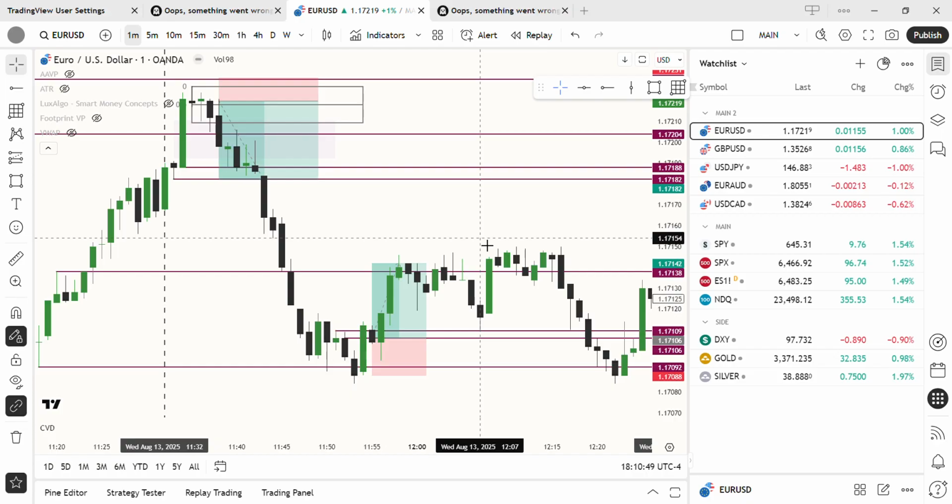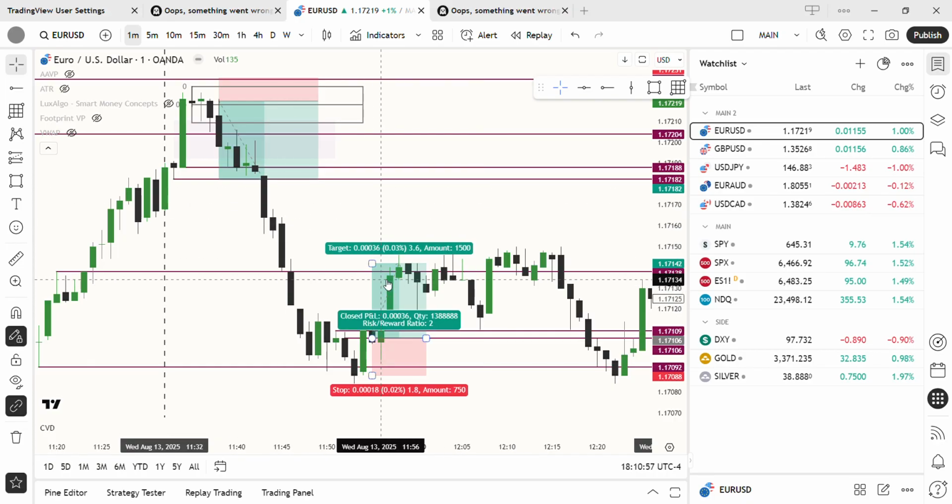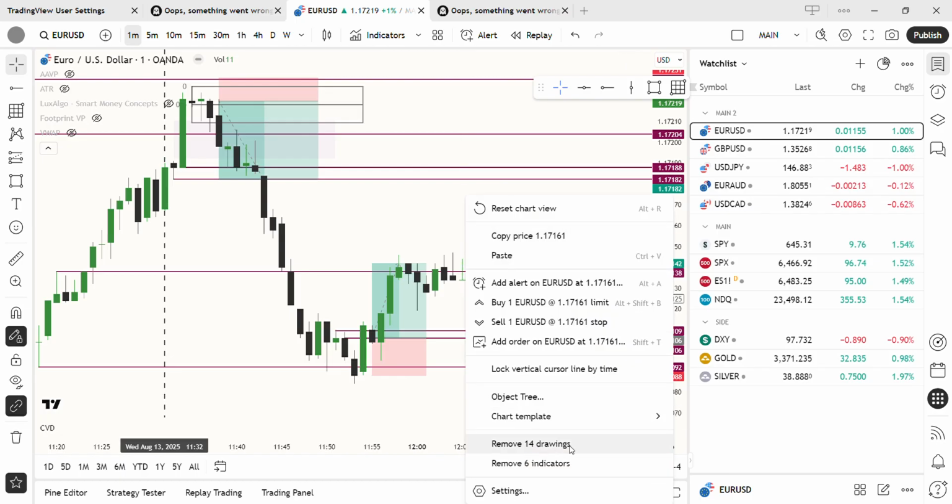So I'm going to write this down as a dub. 1 trade, 1 to 2 RR, 1.8 to 3.6 pips. All right, August 14th, 2025. Let's move on.